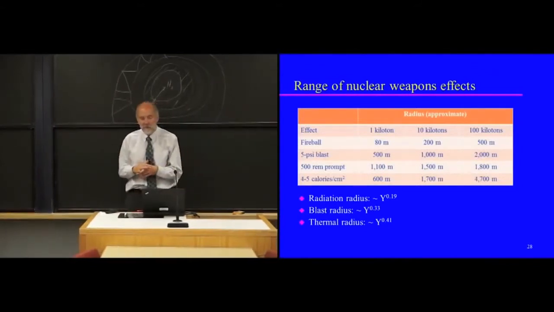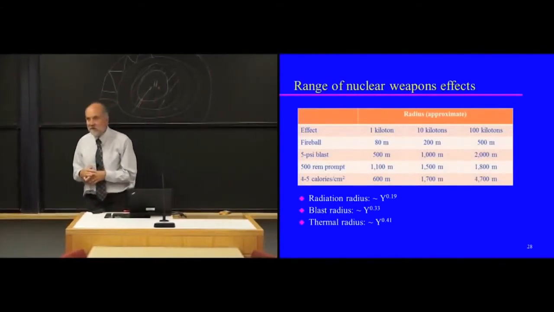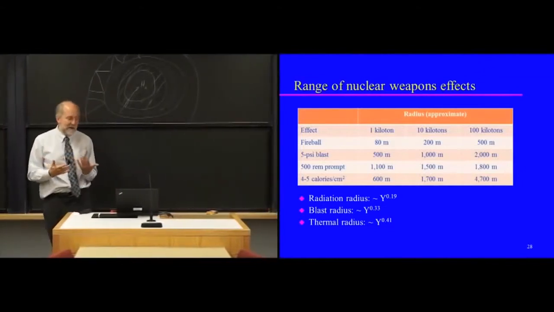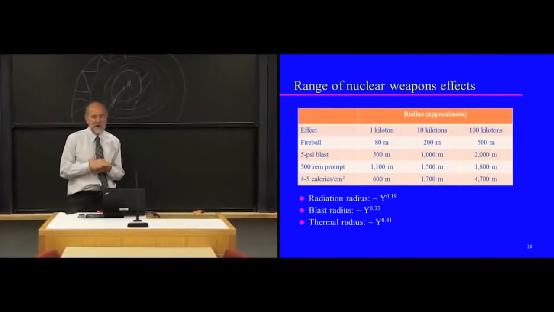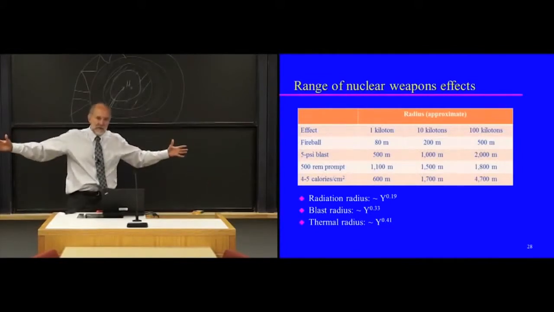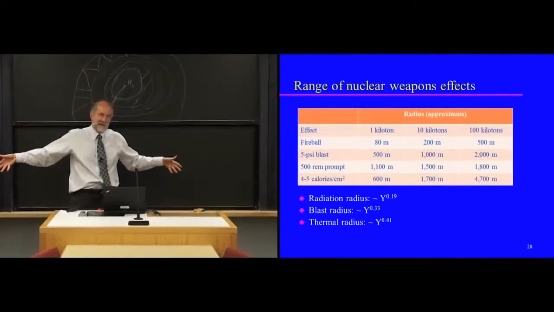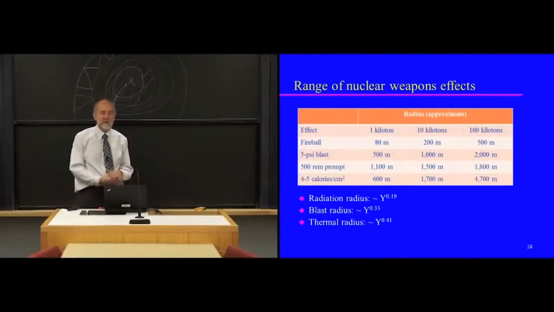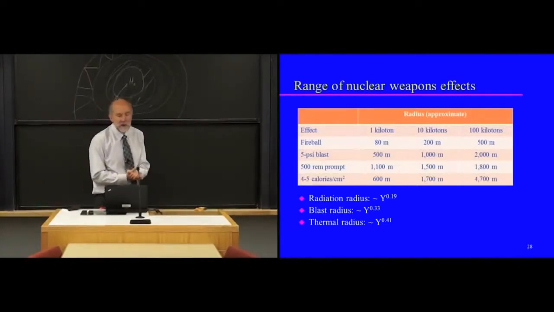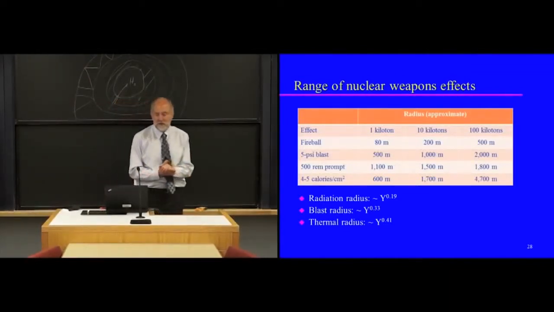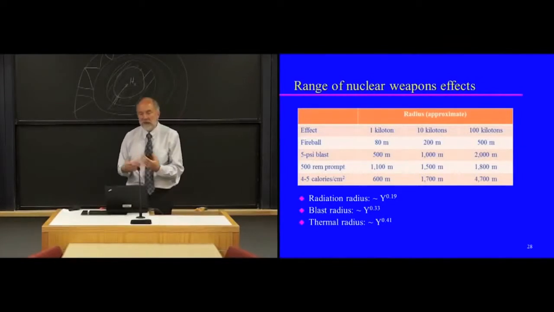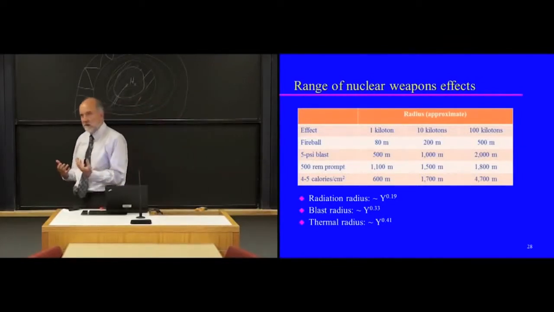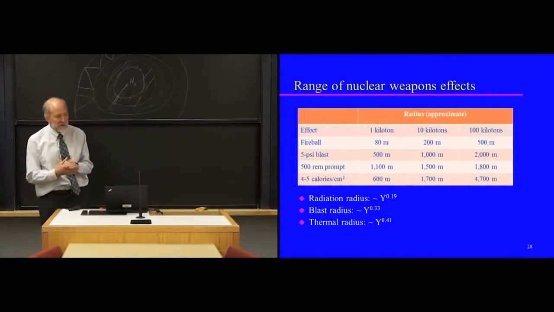Some of them scale by the 0.4 power roughly, the radius at which the thermal effects will be enough to set things on fire or to cause third-degree burns or what have you. Scales as roughly the 0.4 power, but the radiation radius scales at a much smaller number.